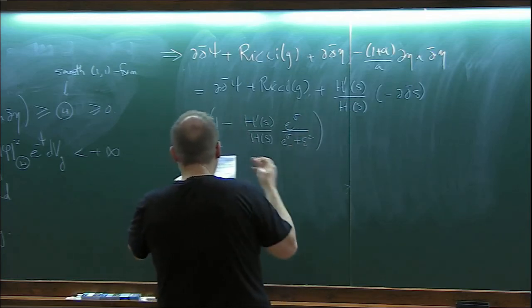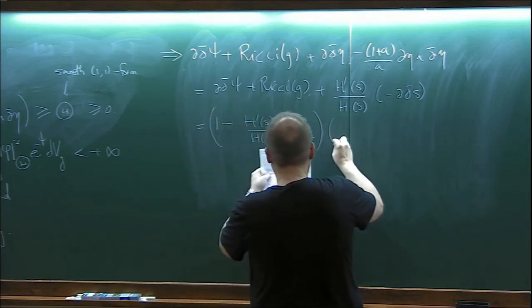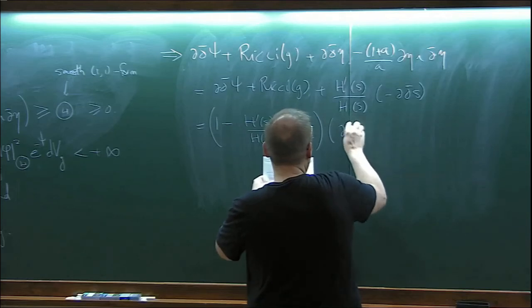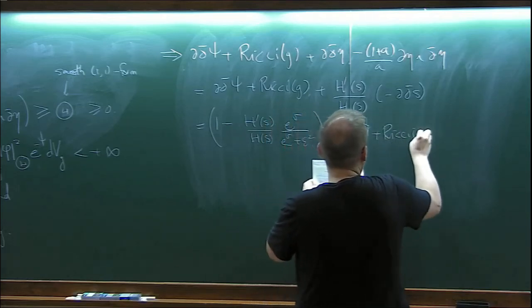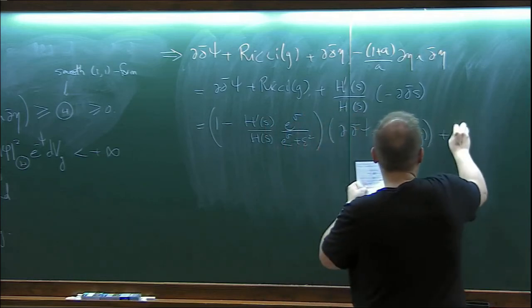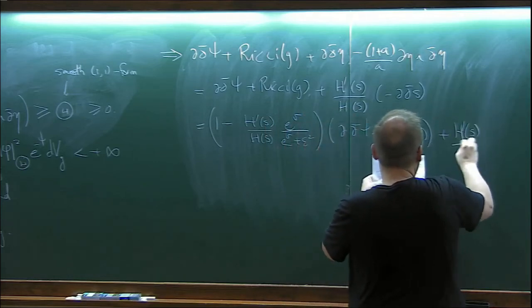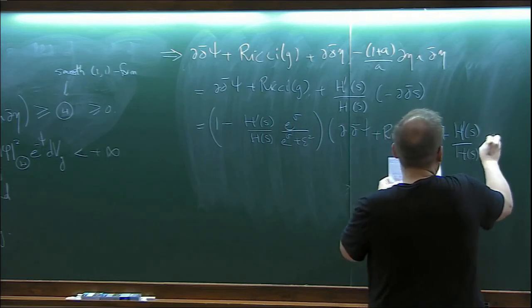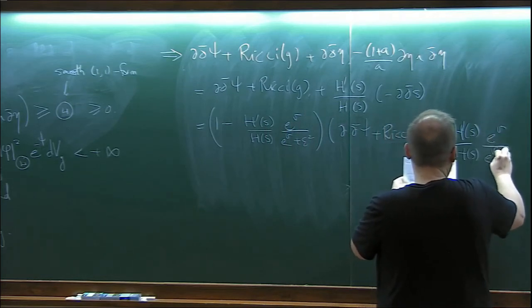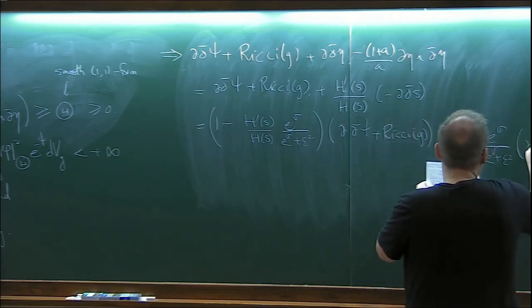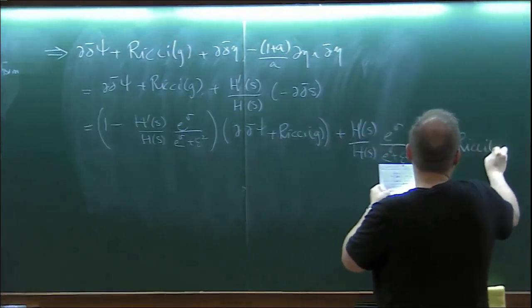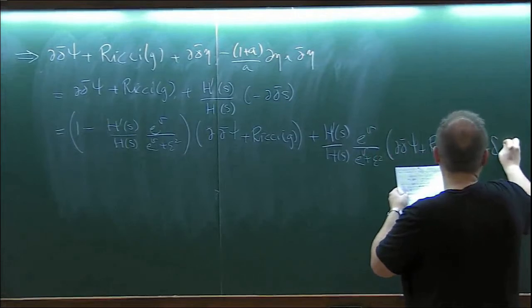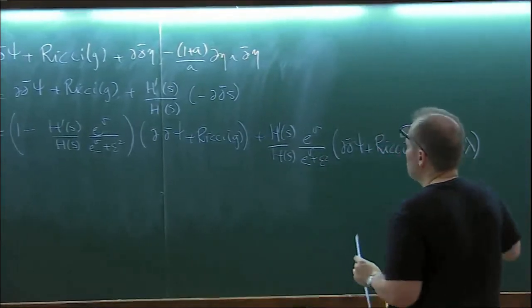There is a reason why I'm writing all these crazy formulas down. So d bar psi plus Ricci of G, and then plus h prime of s over h of s e to the v over e to the v plus epsilon squared, dd bar c plus Ricci of G minus delta dd bar lambda.